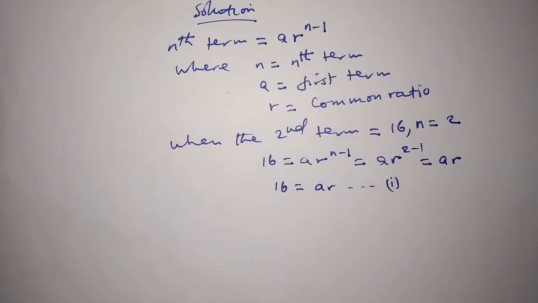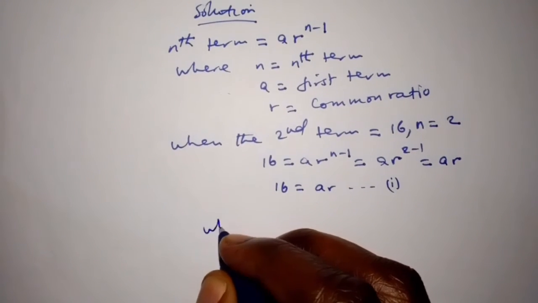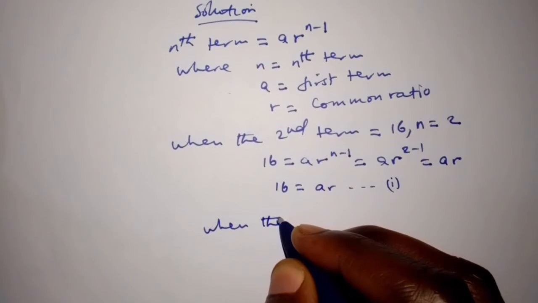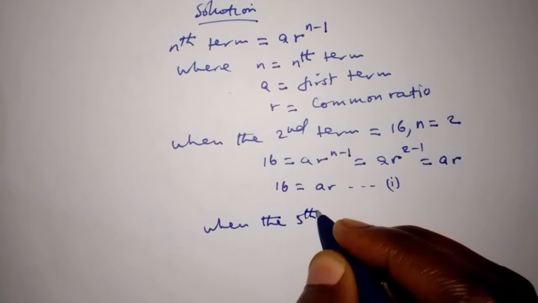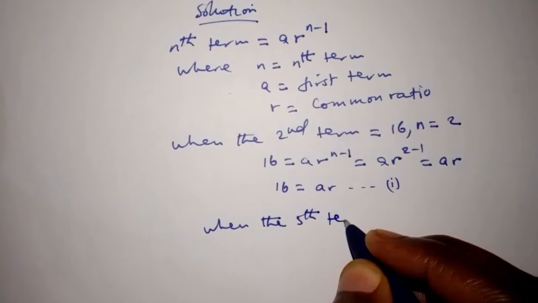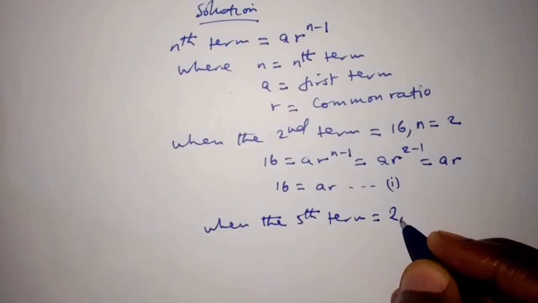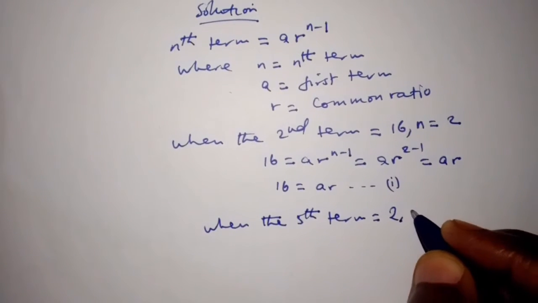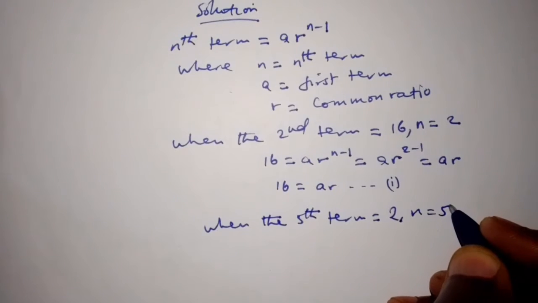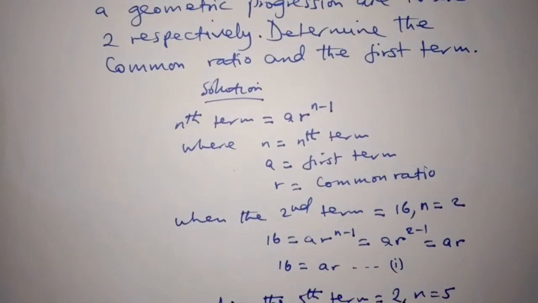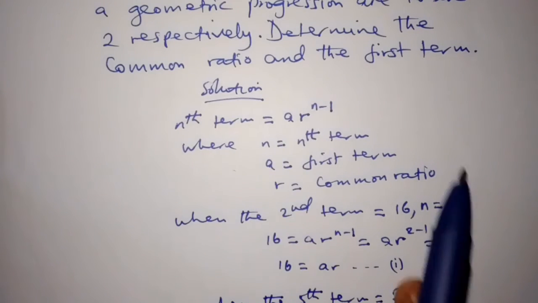Then we can say that when the fifth term is equal to 2, then n is equal to 5. We can apply the same formula here.